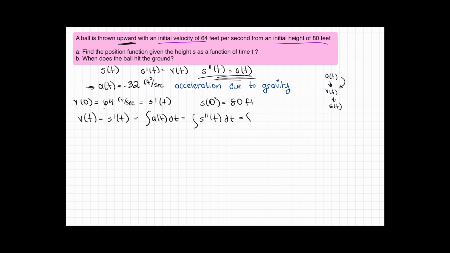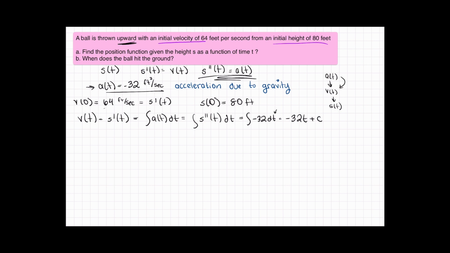Let's go ahead and do that. I'm just going to plug in negative 32. When it's a constant and we take the integral, all I have to do is tack on a t, because t is our variable, as we can see here, dt. Perfect. And then we have to tack on that plus c.